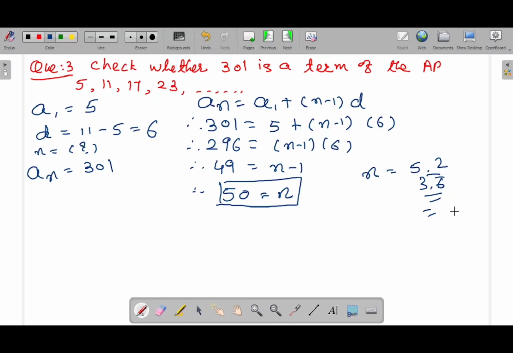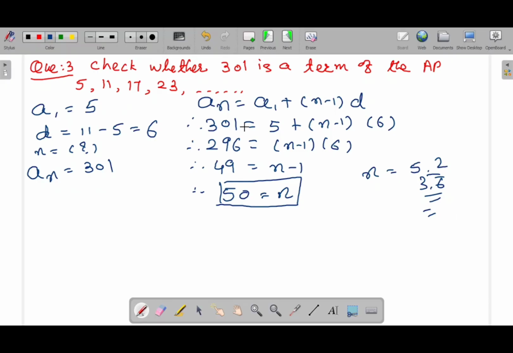So fortunately here we got the answer 50. That means yes, 301 is the 50th term of the given AP. But in case you get the answer in decimal or fraction, then you have to write that the given number is not a term of the given AP.